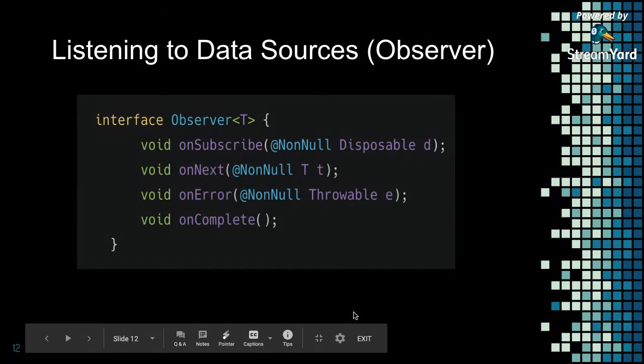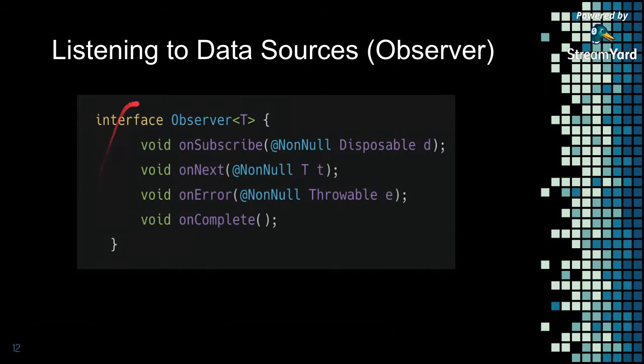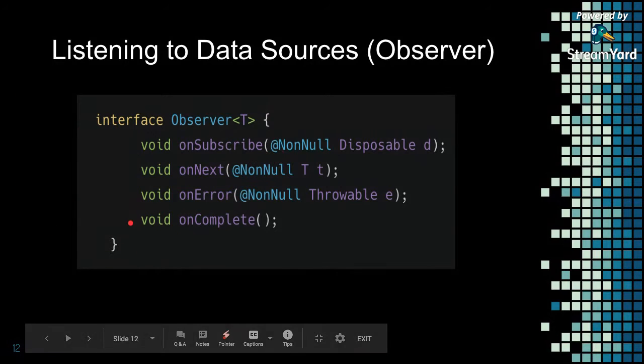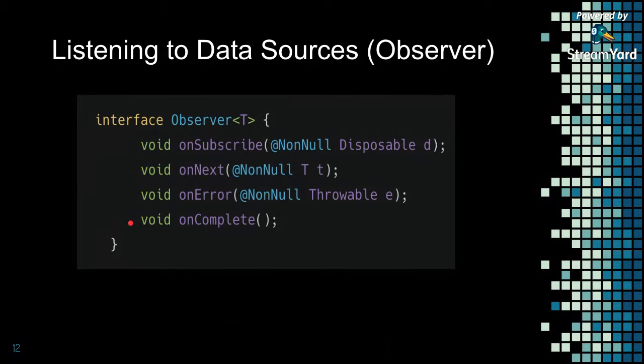For example, anytime you subscribe to an observable, the observer gets callbacks that supply information to it. One of them gives you a type we call disposable. You can hold it and save it somewhere. When you are done or don't want to observe anymore, you can use the disposable to unsubscribe, something like dispose.